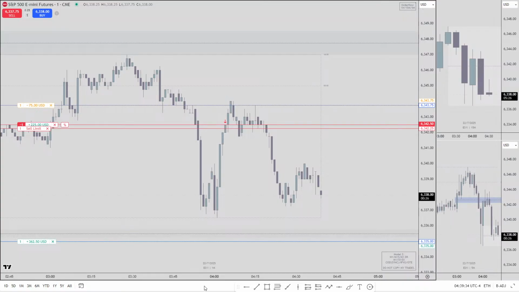Alright, and here we go. The 5 minutes candle closing below the consequent encroachment of that wick that is highlighted would be the key, I guess. The key to expansion.